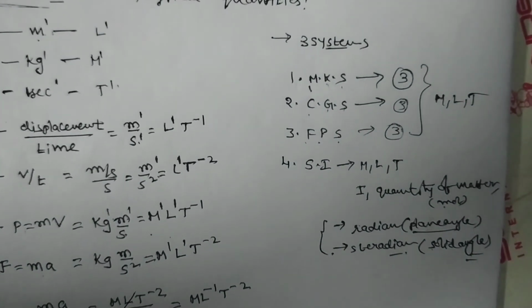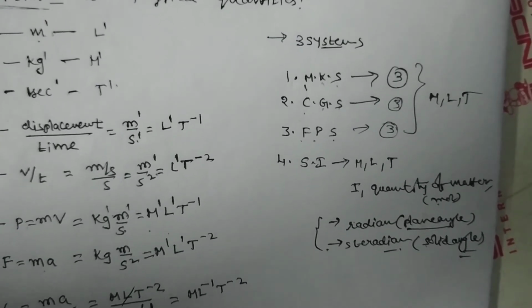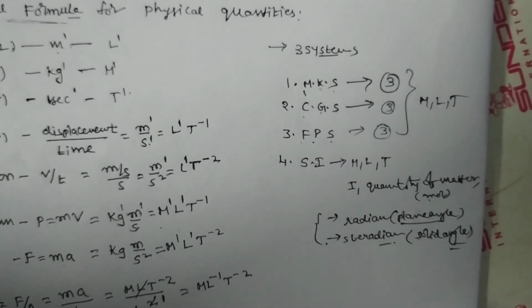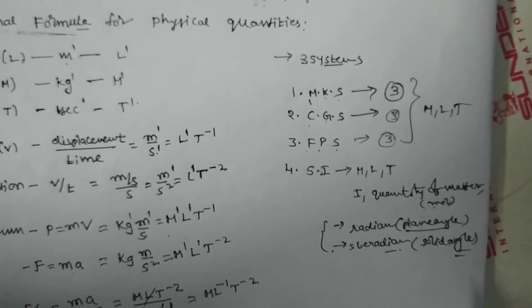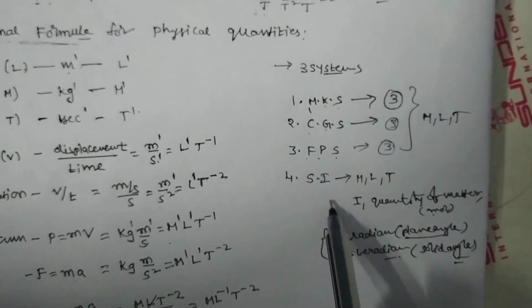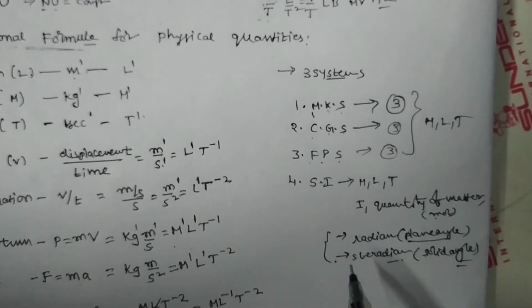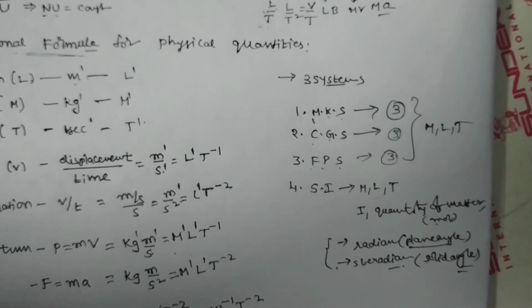So today, this is the basic way to write the dimensional formula for a physical quantity. There are 7 fundamental quantities and 2 supplementary quantities.